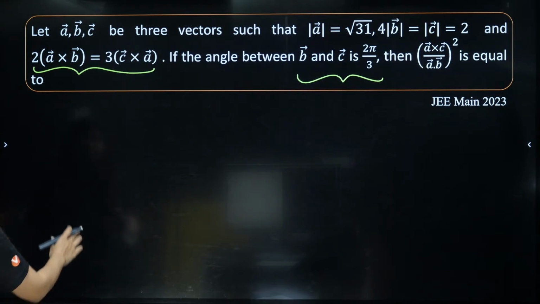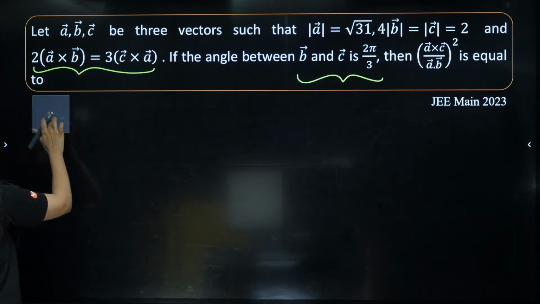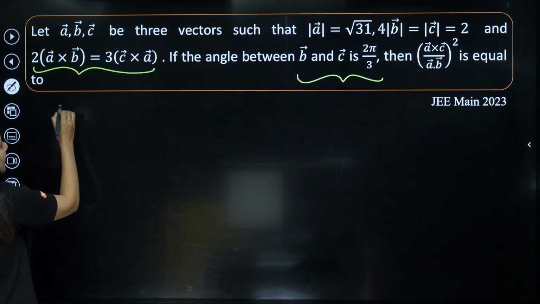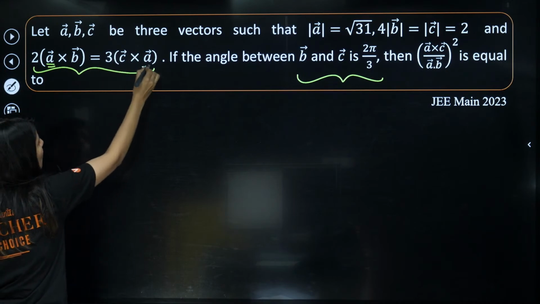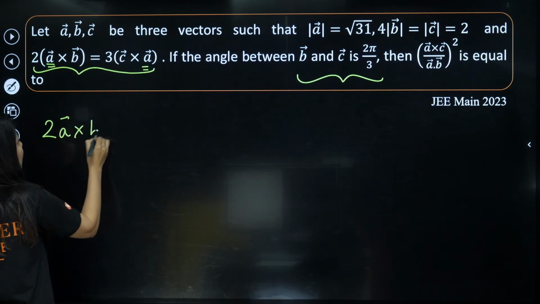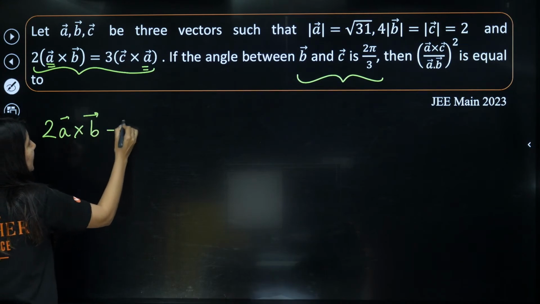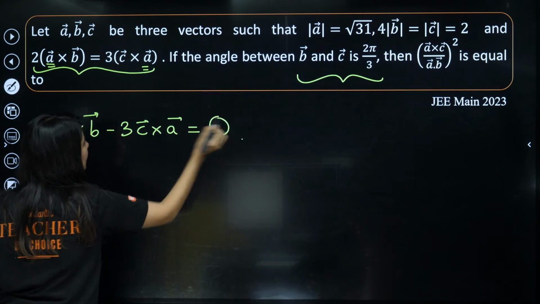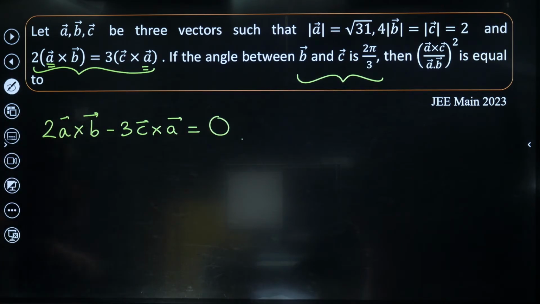Okay. So just focus on this very equation. This A vector is common basically. So 2A vector cross B vector minus 3C vector cross A vector is given as 0, right? Now you can clearly see the A vector.